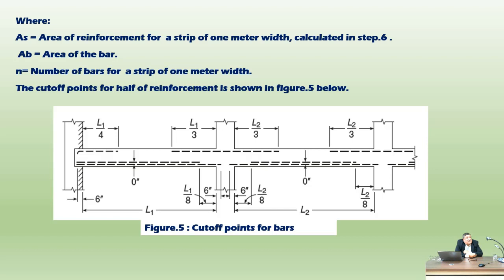For the negative reinforcement, the bars extend for the exterior support L1 over 4 and for interior supports L1 or L2 over 3. The exterior supports provide fixity, maybe column or wall, like the interior support, which is a column.